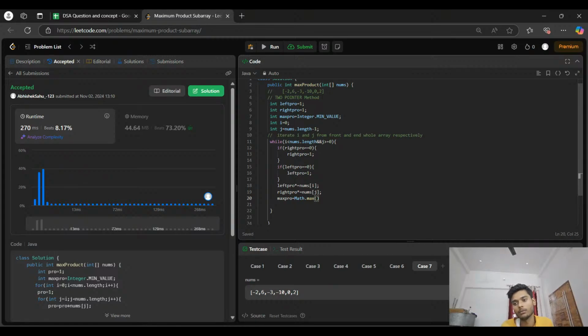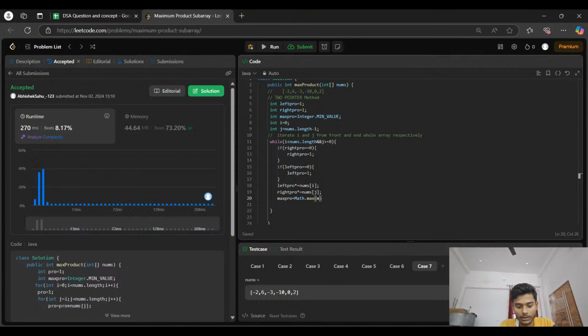If we consider the left pro, then we have max pro. From where we consider this is the max pro. This is not the max pro. We can also use it, there's another way of writing max pro.